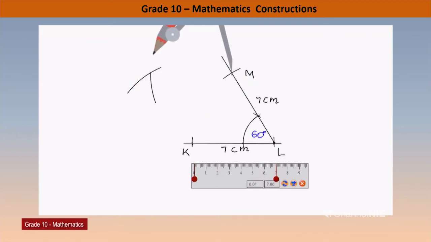So, we can produce that arc further and find the point. Here we have found a new point, that is the point N. So, the distance between M and N is also 7 centimeter, the distance between K and N is also 7 centimeter, because we have used the radius as 7 centimeter.